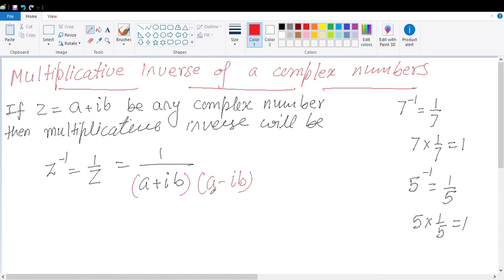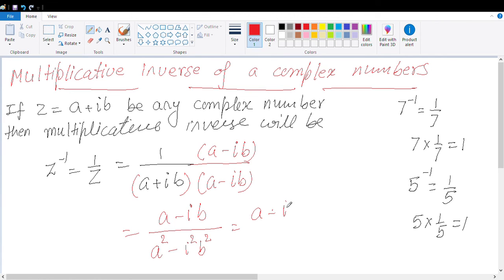We cannot multiply only the denominator, we have to multiply in the numerator also. So here it will be a minus ib over this. You see, it is a standard formula, a plus b multiply a minus b is a square minus b square. So this is a minus ib divided by a square plus b square, and you can write it in the standard form also.